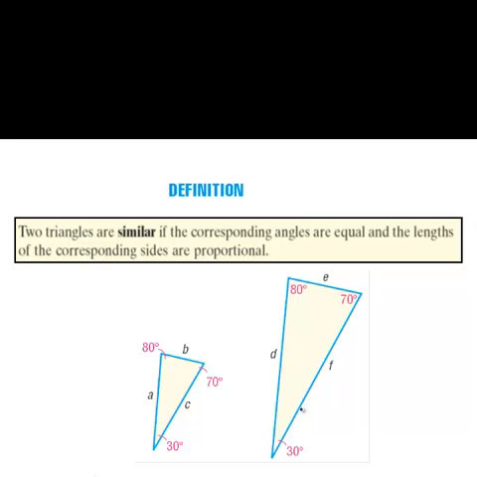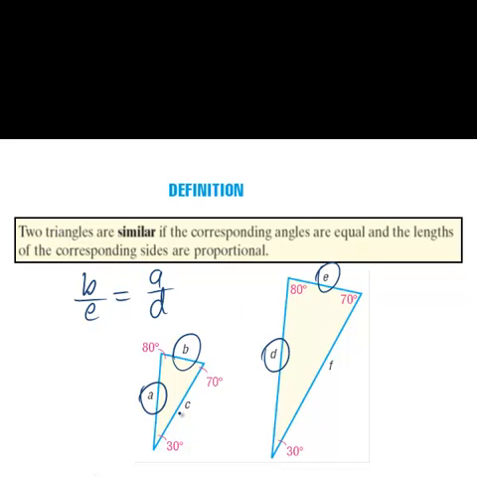So we could say that, for example, B is to E as A is to D. Let me say that in terms of an equation, or what we call a proportion. B is to E as A is to D, for example.